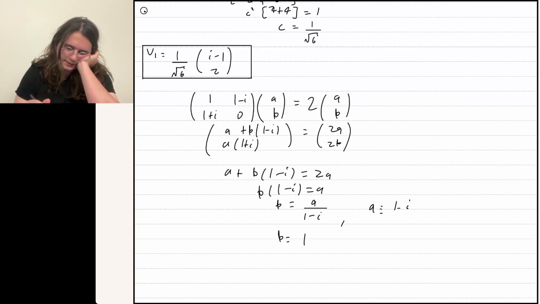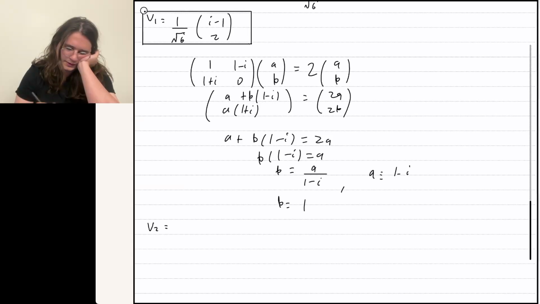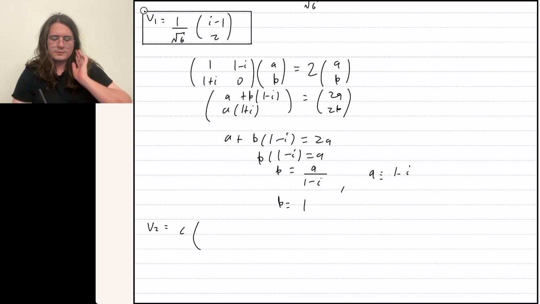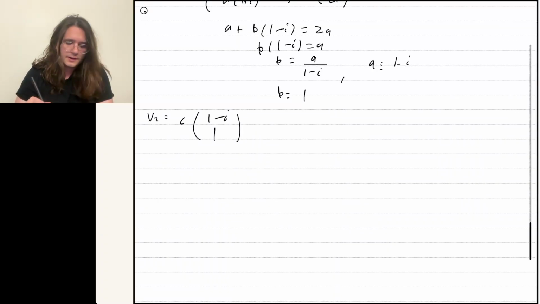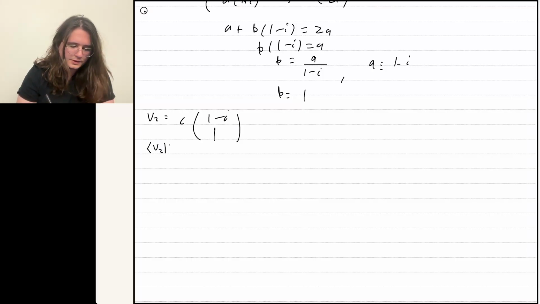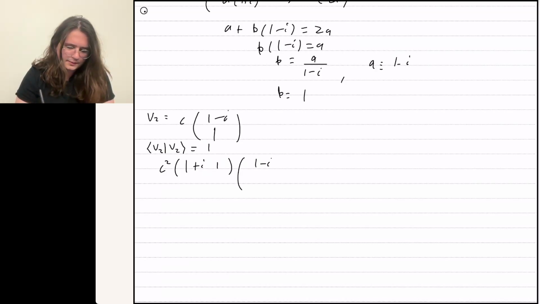So we'll find that v2 is actually just some normalization constant c times (1 minus i, 1). And we do have to go about finding that normalization factor. Same method as before. We take the inner product of v2 with itself and set it equal to 1. So we've got c squared times (1 plus i, 1) times the column vector (1 minus i, 1).